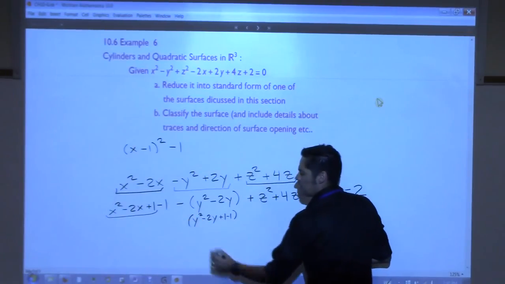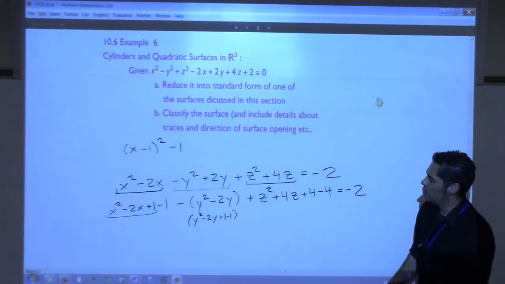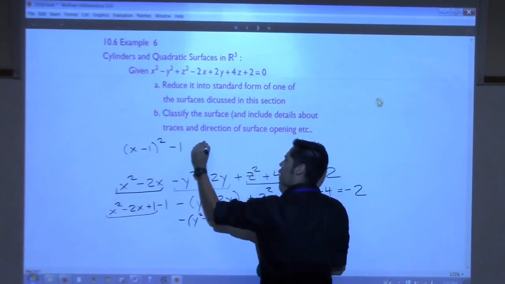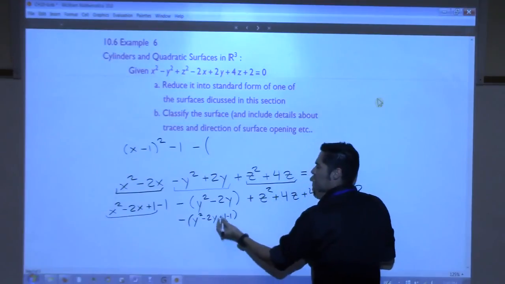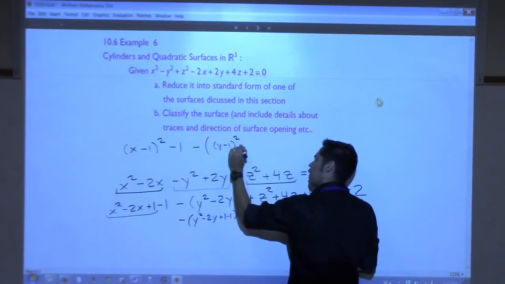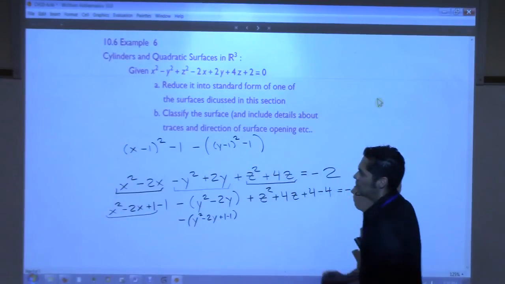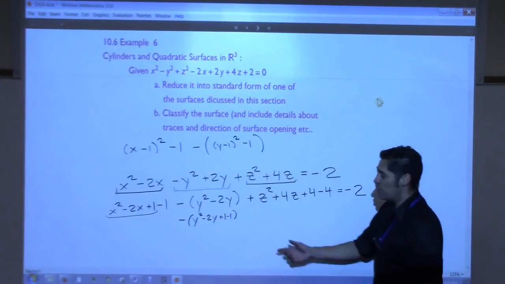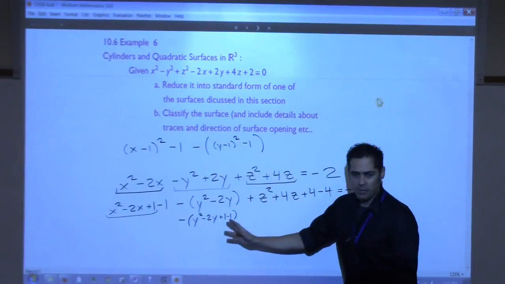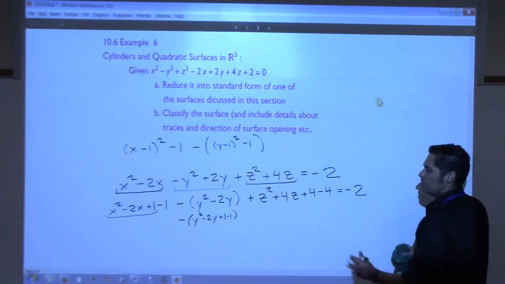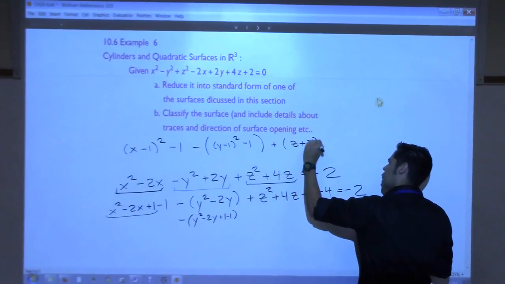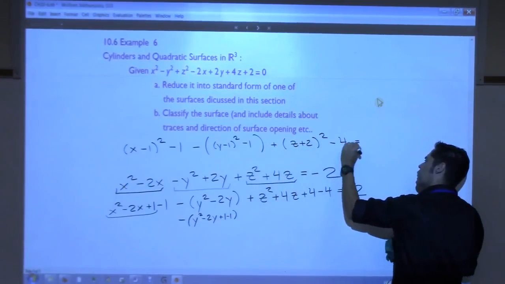That would be in that parentheses, so I would have had the negative sitting out here. In parentheses, completing the square, I get y minus 1 squared minus 1. I am going through this quick because, again, this was part of a homework assignment. I did several of these in class. This should be z plus 2 squared minus 4 equals negative 2.